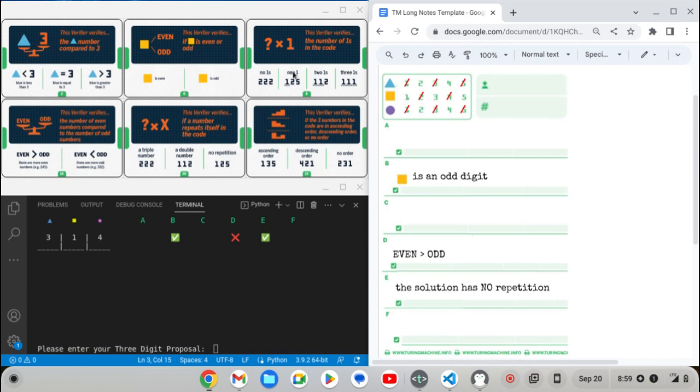We also didn't test criteria card C, establishing how many ones there are in our solution. We know that square is the only odd, so either the 1 is there or not. It can't be 3, there can't be 2, so it's either no ones or a single one.